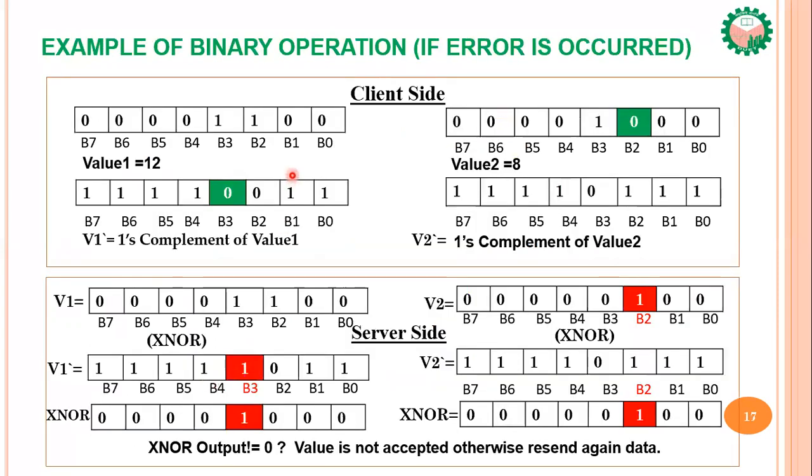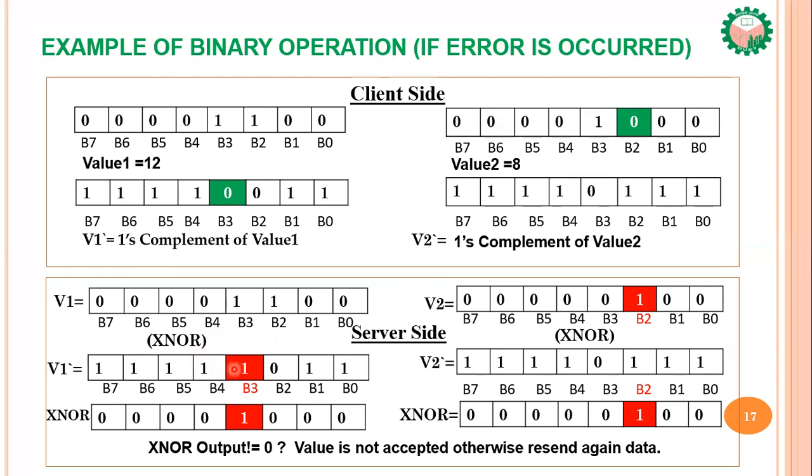This is an example of a binary operation where an error has occurred. These are the values 112 and 28, with value 1's one's complement and value 2's one's complement. The server accepts value 1 and value 2. Then an XNOR operation is done on value 1 and its one's complement.